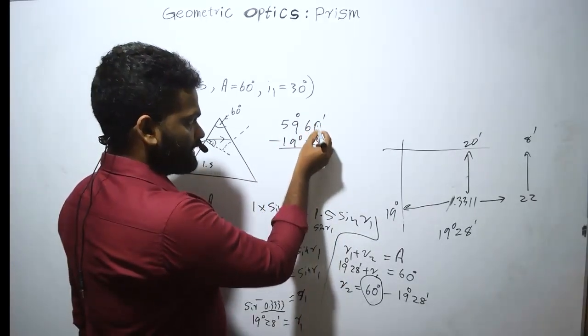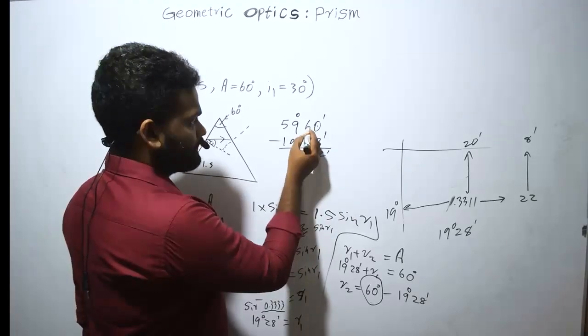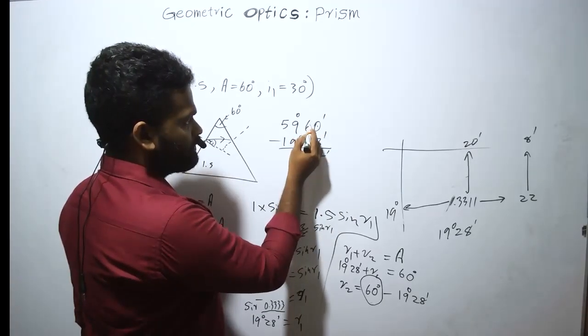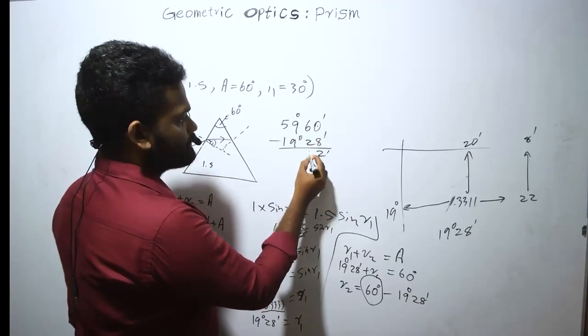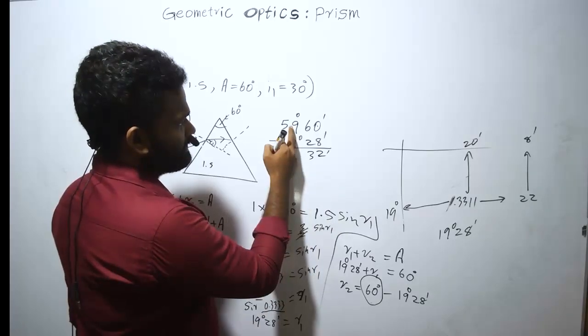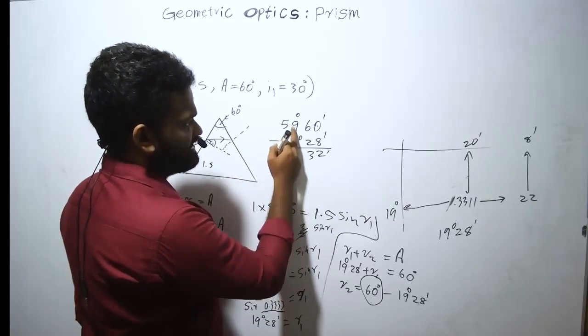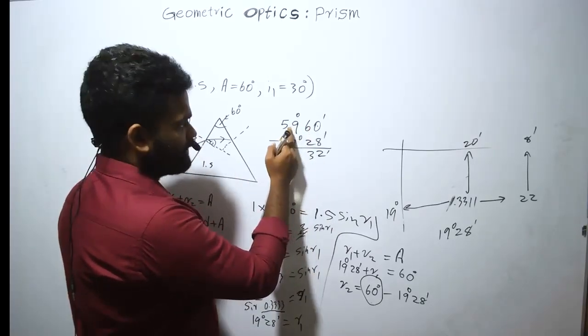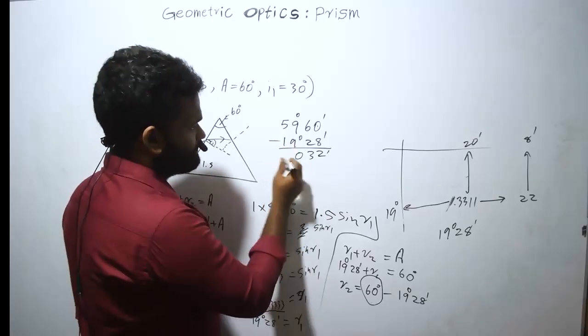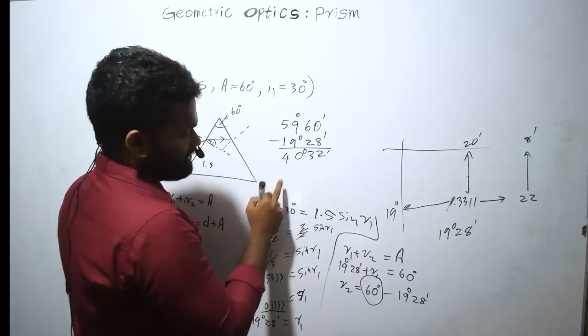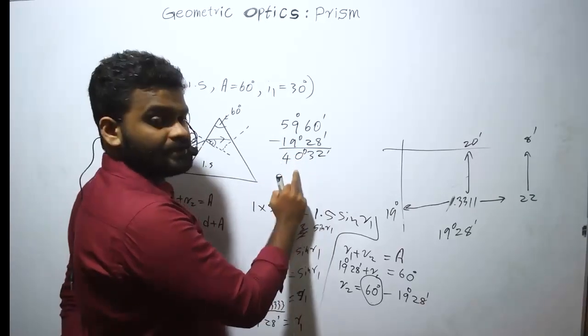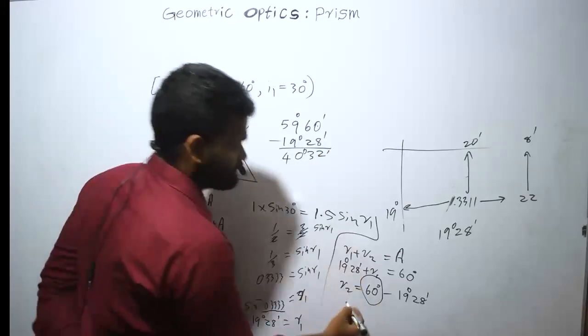Then do the subtraction as usual. Here you have 60 minus 28, that's 32 minutes. Then 59 minus 19 is 40. So for R2, you have 40 degrees 32 minutes.